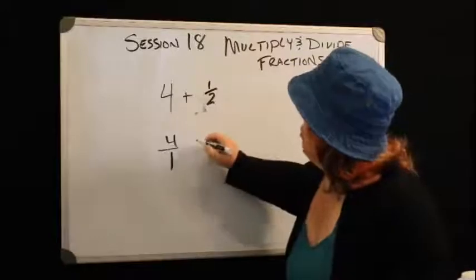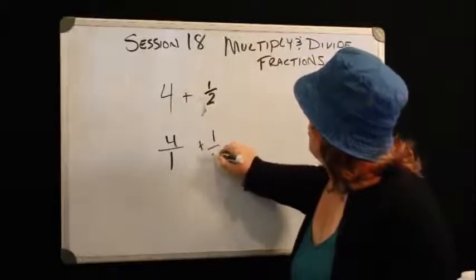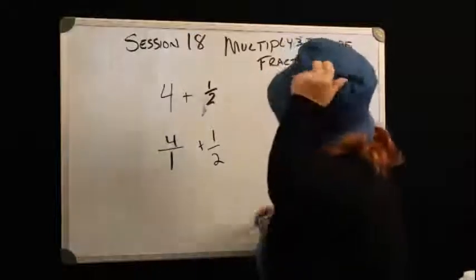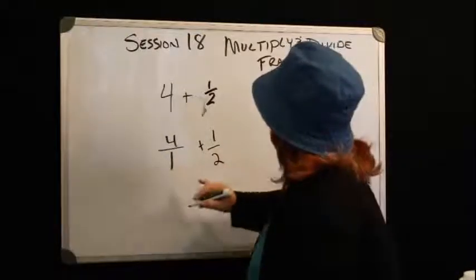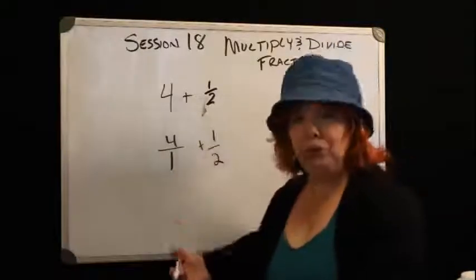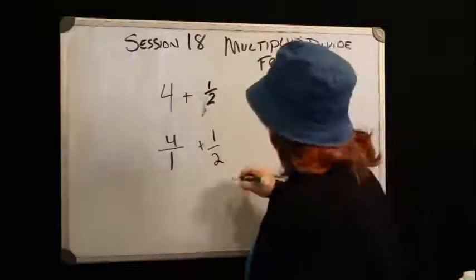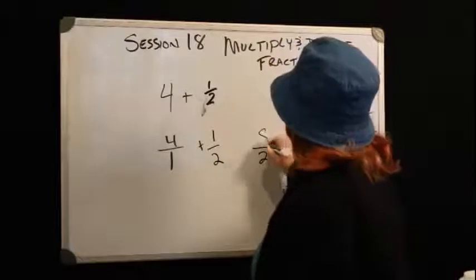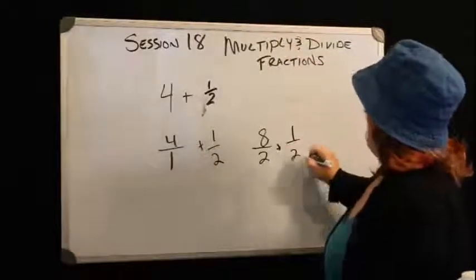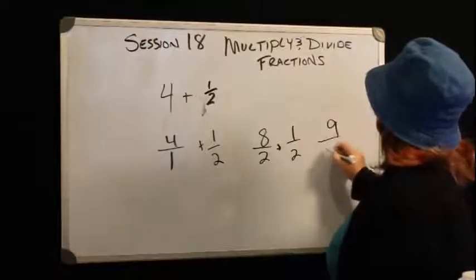So, 4 over 1 plus 1 over 2. Now we have to make this a common denominator, right? So, 1 has to be multiplied by 2 in order to get it to 2, right? So, do the same thing with the 4. Plus 1 half, 9 over 2.